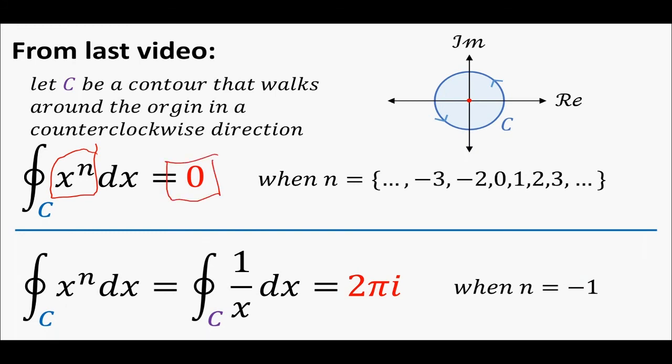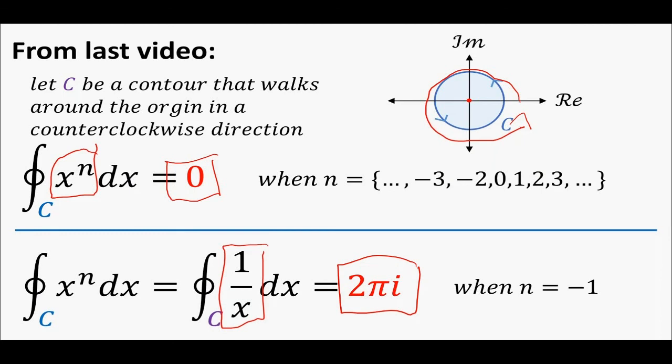For that special case where n is equal to -1, it simply turns into the fraction 1 over x. And when you integrate around that in a counterclockwise direction, as you can see here by the contour graph, you will get an answer of 2 pi I.